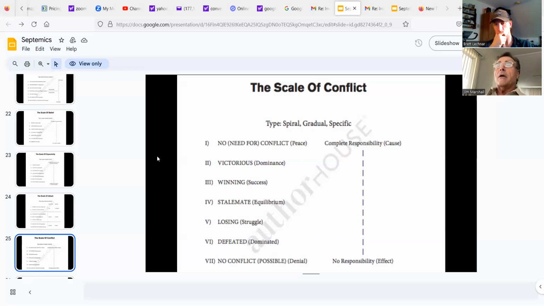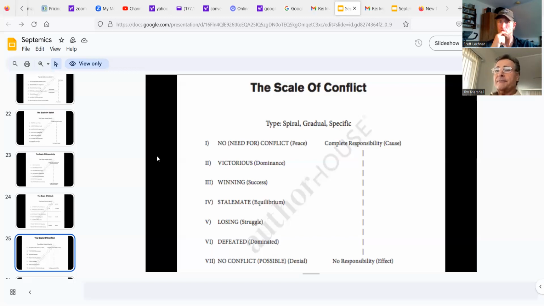So when a person is truly at peace, he has no need for conflict. So you take somebody like one of the great Hindu yogis. They're at peace. They have no interest in conflict. They're just not going to be in conflict about anything. And that's because they assume complete responsibility, which puts them in a causal state.